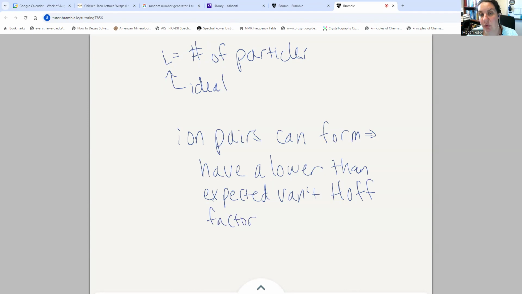So it will decrease with concentration. And I'll specify in a given problem whether we're dealing with an ideal Van't Hoff factor, which would be just how many particles it breaks down into, like this, or if we are dealing with ion pairs forming.